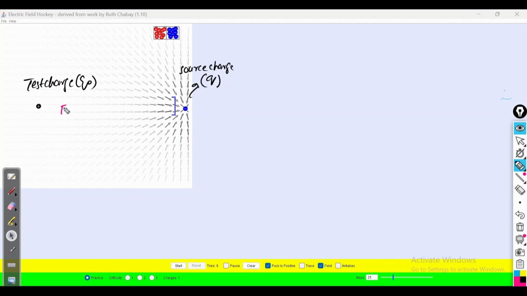The force on this test charge at this point is different from the force on it at that point. At this point the force on the test charge will be more, because the distance between these two charges is smaller, and the force on the test charge in this position will be higher as compared to that position.